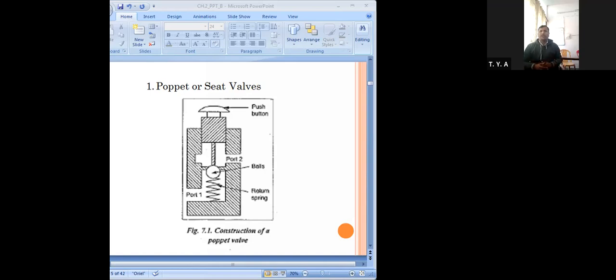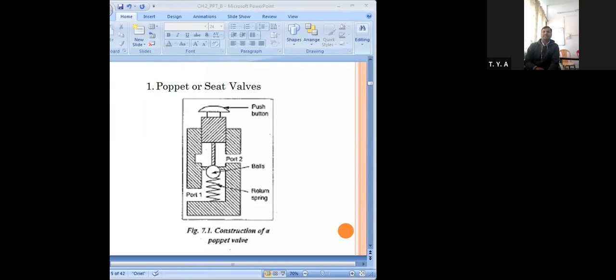Here I will give a brief understanding of these valves from this figure, which are based on the configuration, before going to discuss the construction and working of different types of control valves. Let us have a brief understanding of this valve configuration. Firstly we'll go for the poppet or the seat valve.